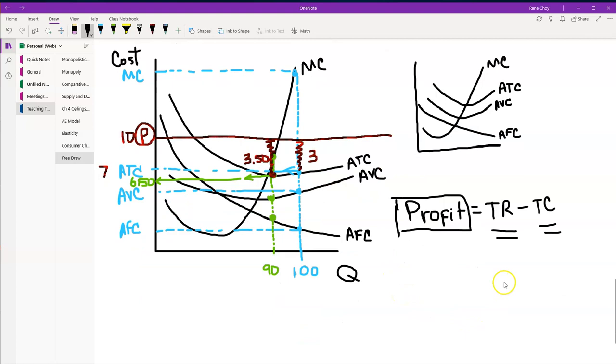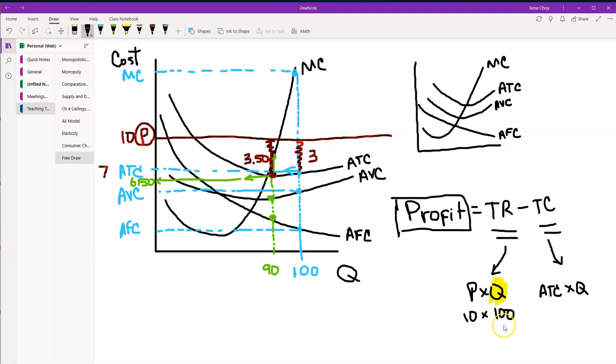Okay? In the subsequent chapters, we're going to be talking about total revenue as basically the price of the product times the quantity of the product that you produce. So if you produce, say, 100 pizzas and you sell them for $10, that will be your total revenue. And then your total cost will be average total cost at whatever quantity you decided to produce, times the quantity that you produce.